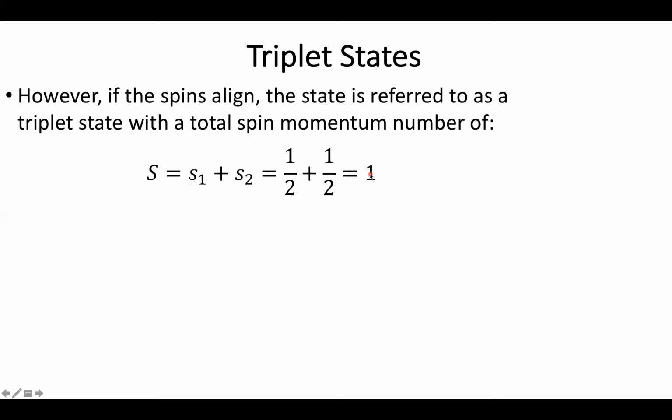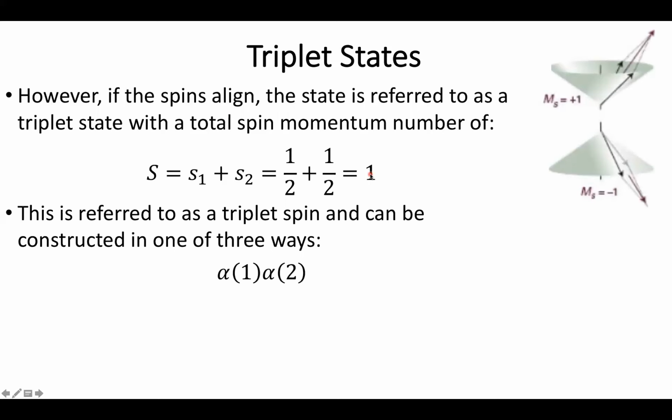Now, one of the tricky things is how I can construct a spin. And it turns out there's one of 3 ways. The first way is probably the way you would expect. My first electron is pointed up, and my second electron is also pointed spin up. And so my 2 spins will add together, and I will have a net spin of 1.